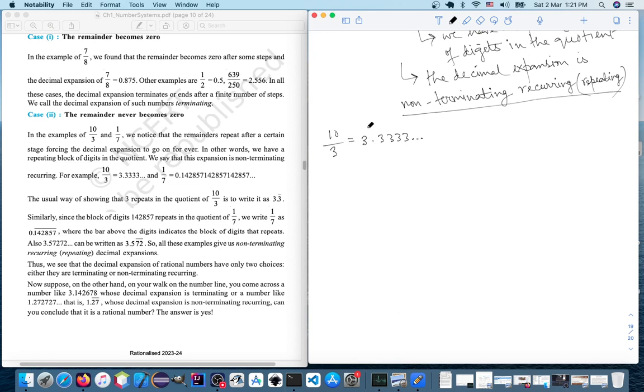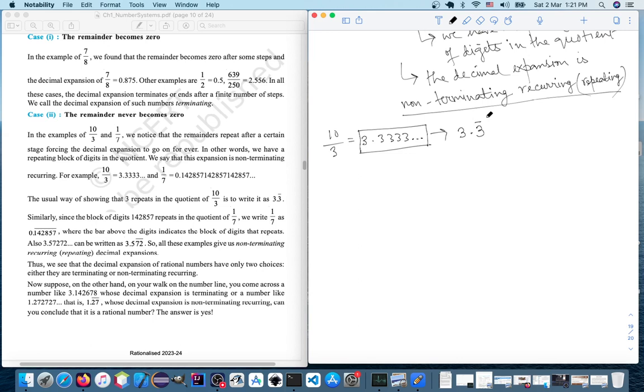And this is written in a short form, in another notation, as 3.3 bar. What is this? We just keep the digits in the quotient which are repeating, and we put a bar on top of the digit. In this case, we have only one digit that is repeating, which is 3.